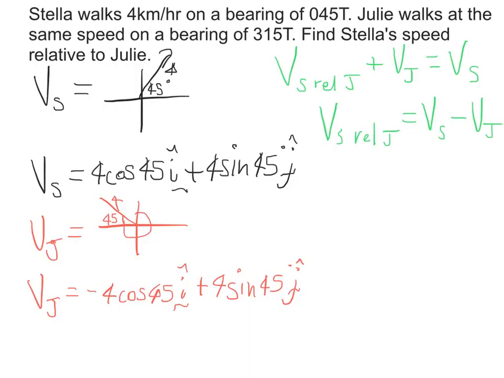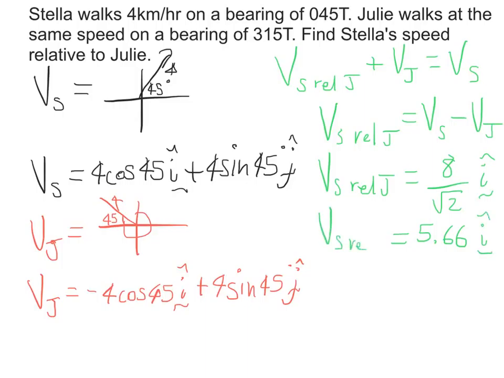So you will get the velocity of Stella relative to Julie is equal to 8 on root 2 I, if you do it using your special triangles, or you'll get 5.66 I, velocity of Stella relative to Julie.